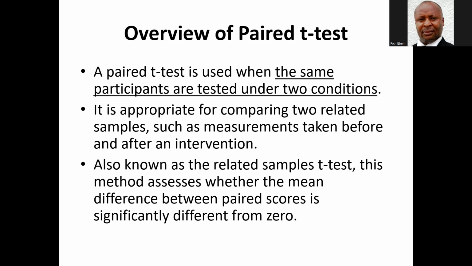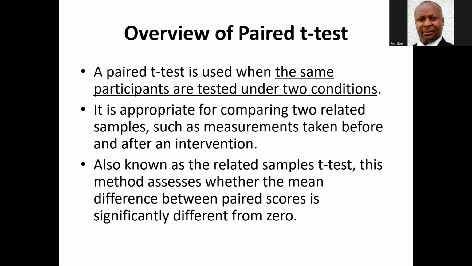The t-test is appropriate for comparing two related samples, such as measurements taken before and after an intervention. It's a very good tool when you are trying to test data from experiments that you took before and after the experiment.